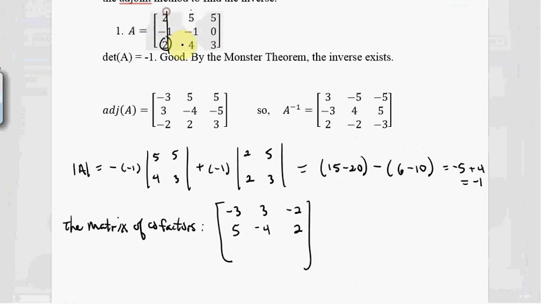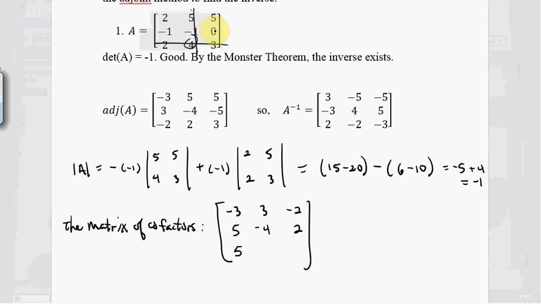Come to this position, delete this row and column. You get 0 plus 5, which is +5. The sign here is positive out in front, so that stays +5. Come to this position, delete this row and column.